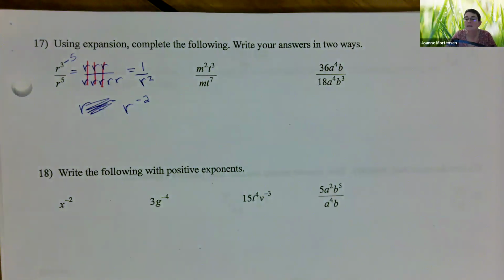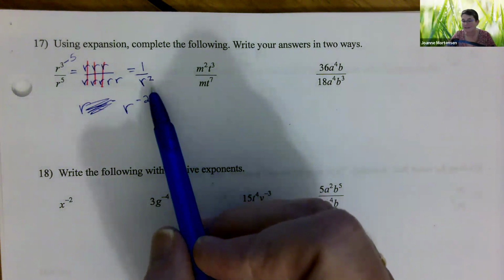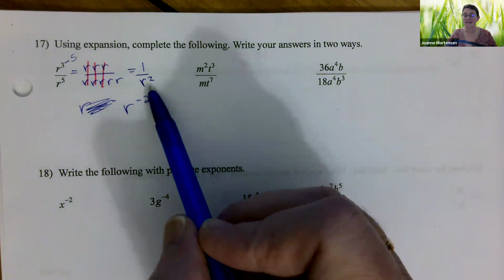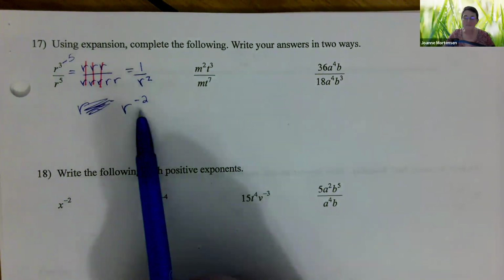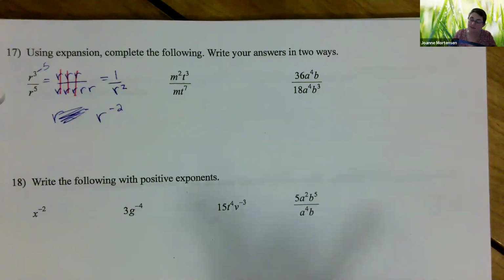It's just a different way of writing it. If you're handwriting, this is so much easier to understand. I don't want a negative exponent. But this one's way easier to type because you only have one line. Anyway, I'm digressing again.